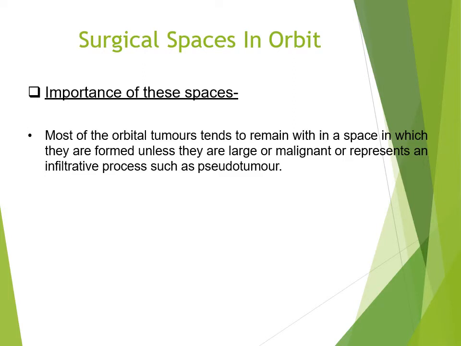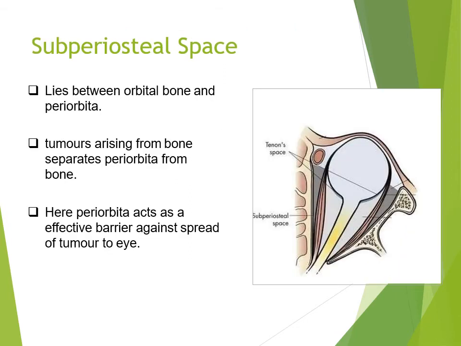So why are these spaces important? Because whenever you are exploring a tumor or a collection, or you want to do surgery, you can assess from which area the pathology is coming, and that helps in the treatment.